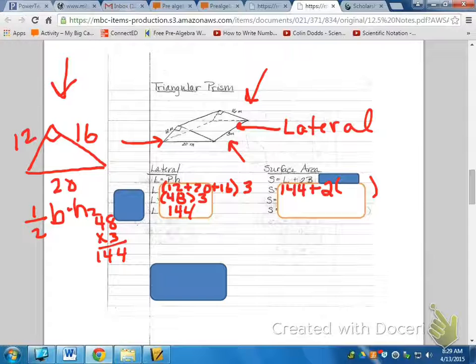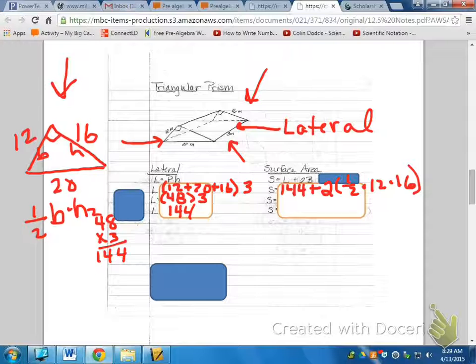A right triangle. And the base and the height are the two sides that come together to make the right angle. So what we have in our parentheses is 1/2 times 12 times 16. 1/2 base times height.